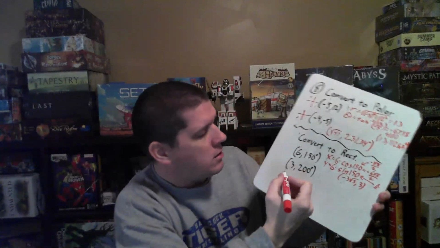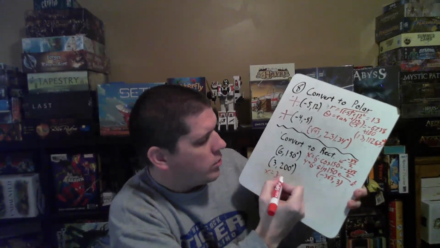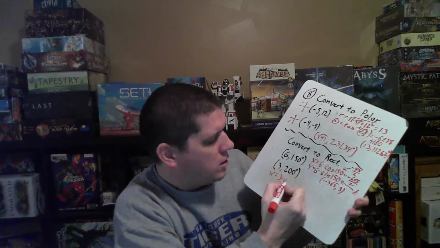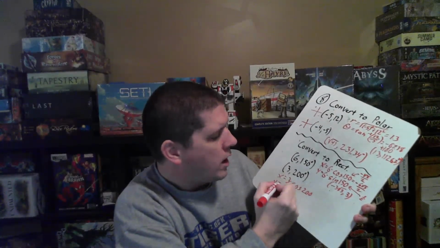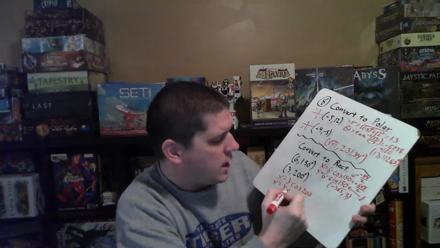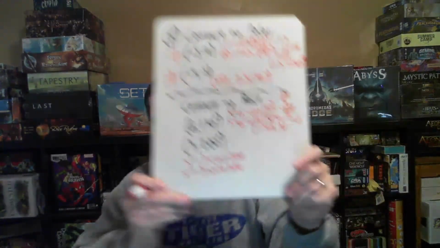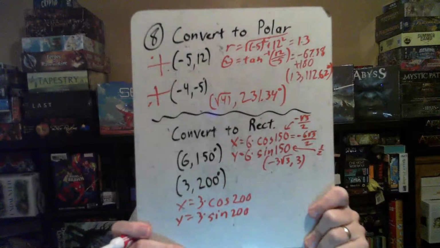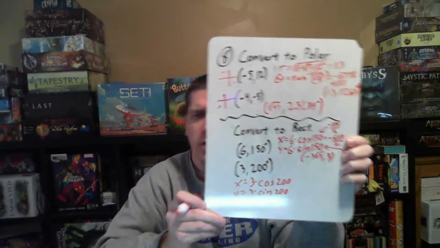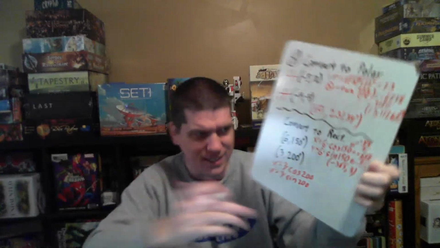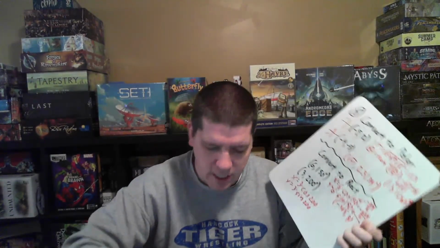Same thing down here. Hey, x equals 3 times cosine of 200. y equals 3 times sine of 200. Now, this time I did pick some angles that were not our nice 30, 45, and 60. So right here, yeah, we will need to use a calculator for this one.